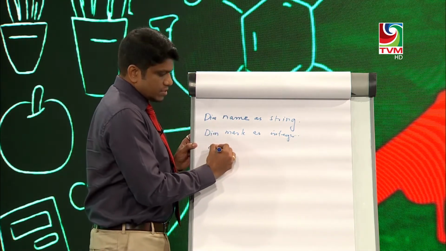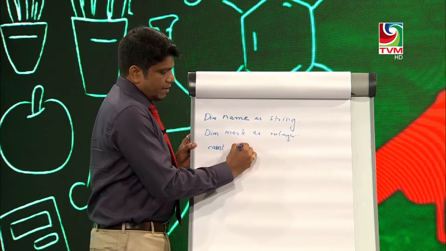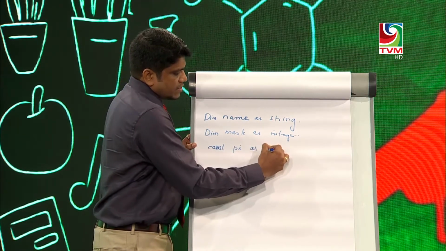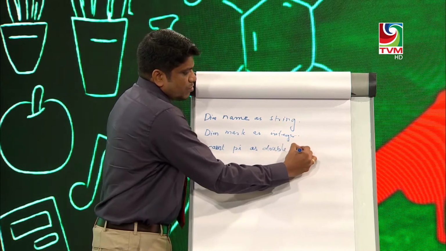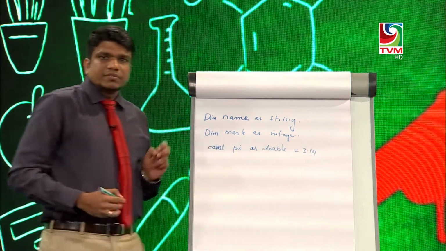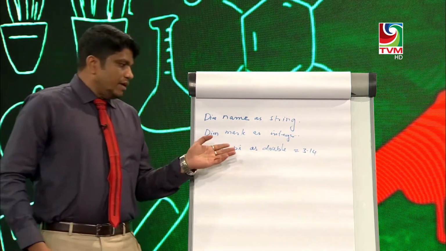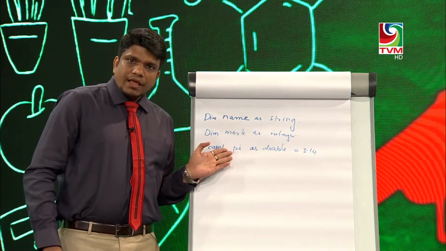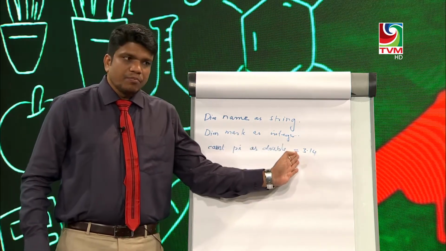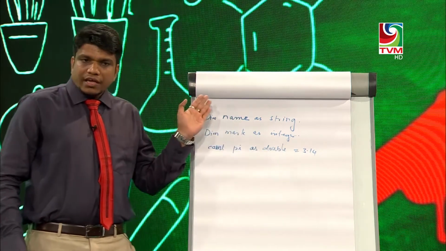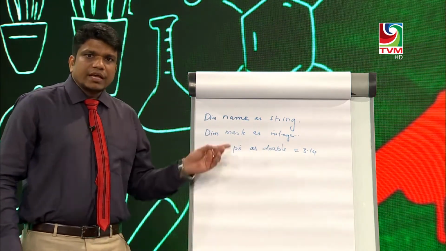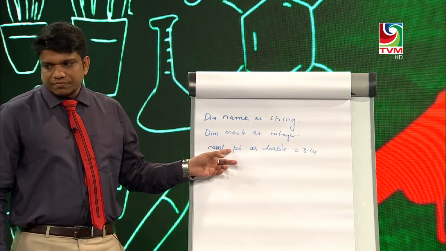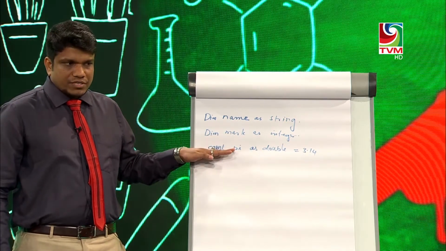Const pi As Double = 3.14. That means pi is a constant and will take the value 3.14. During the execution of the program, the pi value won't be changing. It will always remain constant.